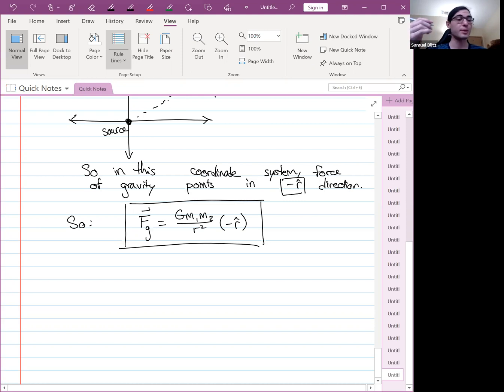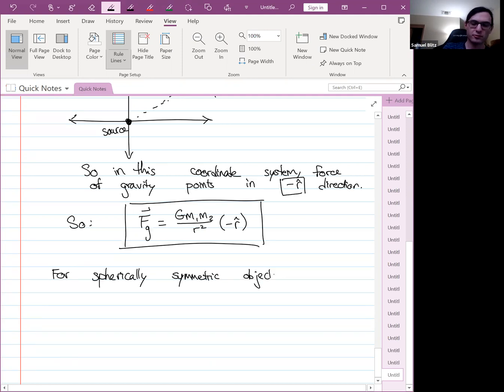There is one exception, and that is that for spherically symmetric objects, gravity acts as if all of the mass was at the center of mass.